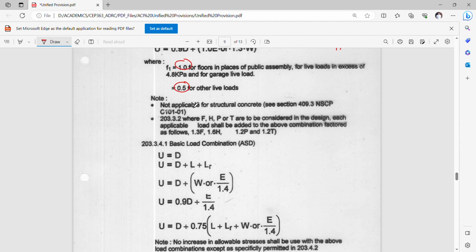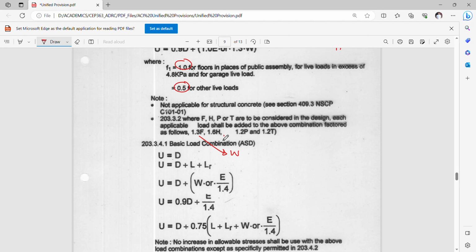And also, where F, H, P, or T are together, each applicable load should be added with the above combination factor as follows: 1.3F, 1.6H, 1.2P. So note that this 1.3F, the fluid pressure, has something to do basically with the wind.